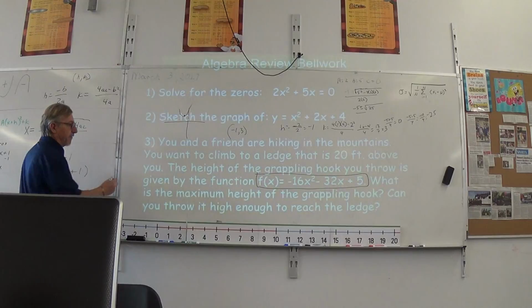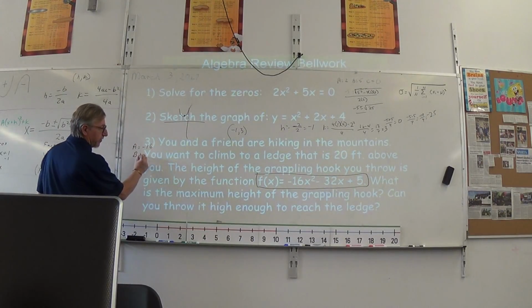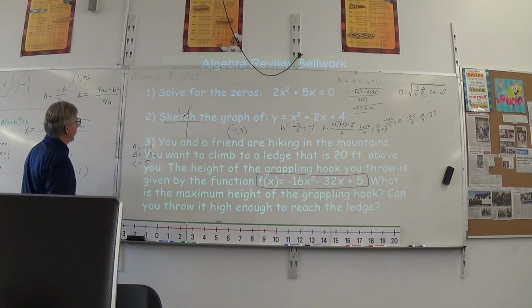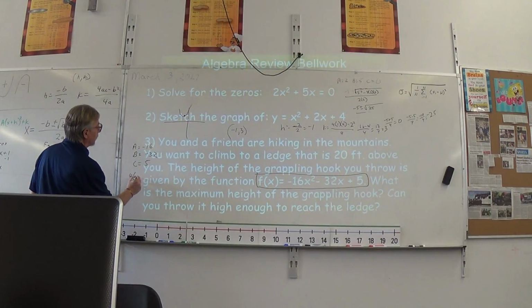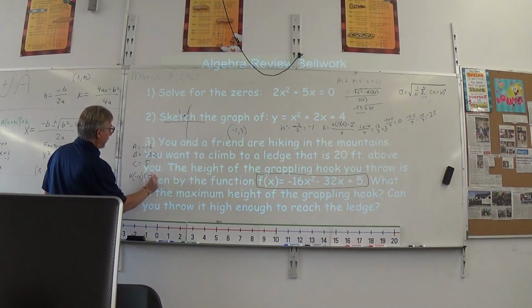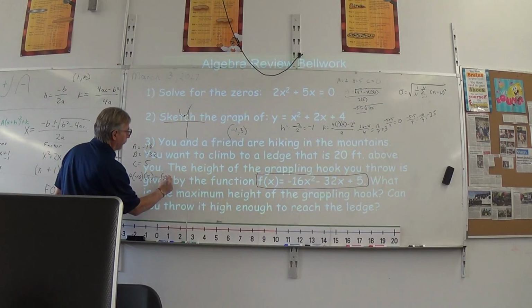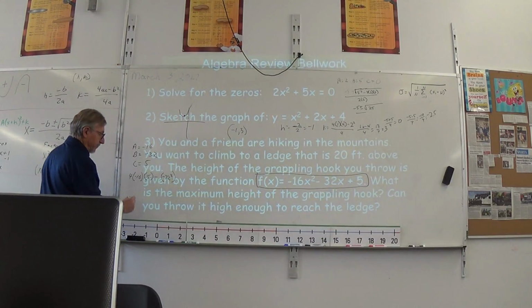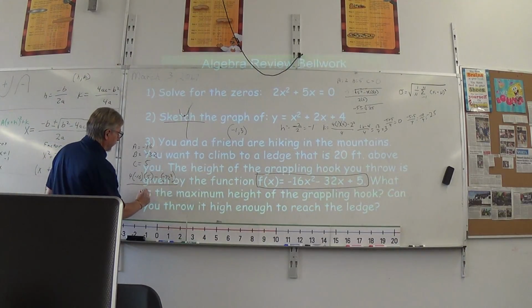Okay, so we have A equals -16, B equals -32, and C equals 5. 4 times -16 times 5 minus -32 squared, divided by 4 times -16.